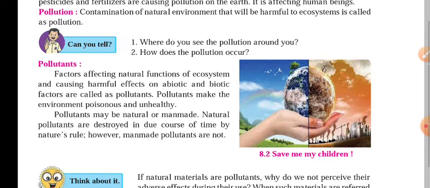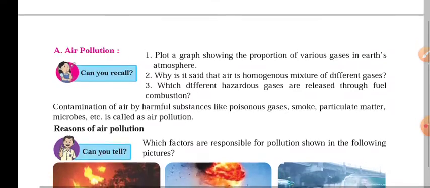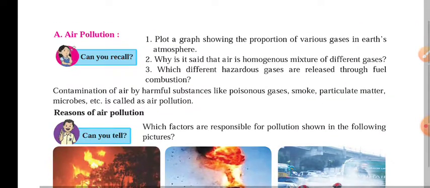If we do not make an effort to maintain a good environment on the earth, then in the coming future it is going to make a lot of changes in the climate, and a number of living organisms may lose their lives. So to avoid this, we should control pollution. We should avoid using materials which cause pollution. So this is about pollution.